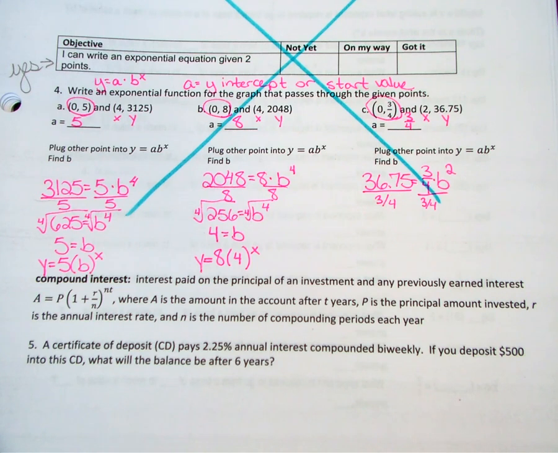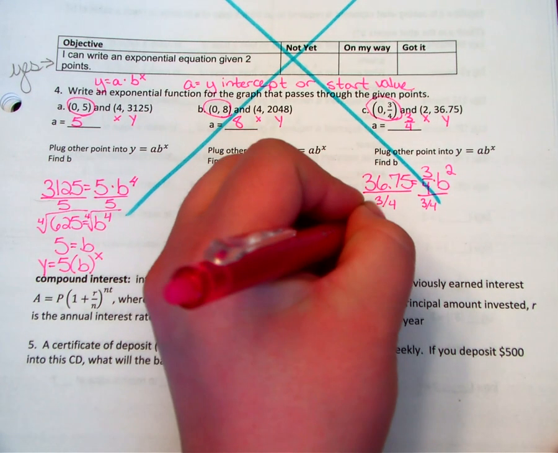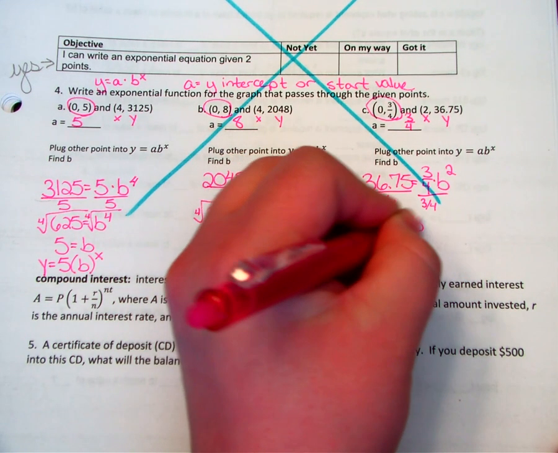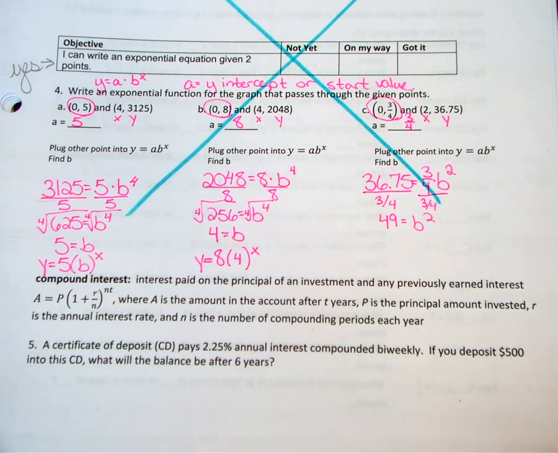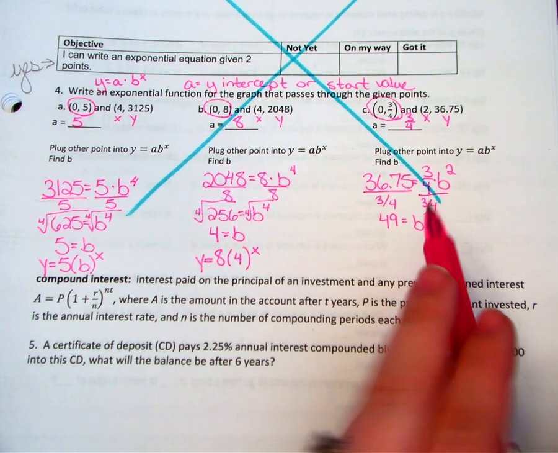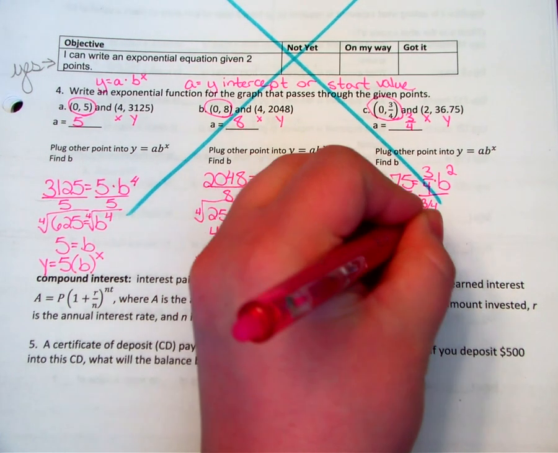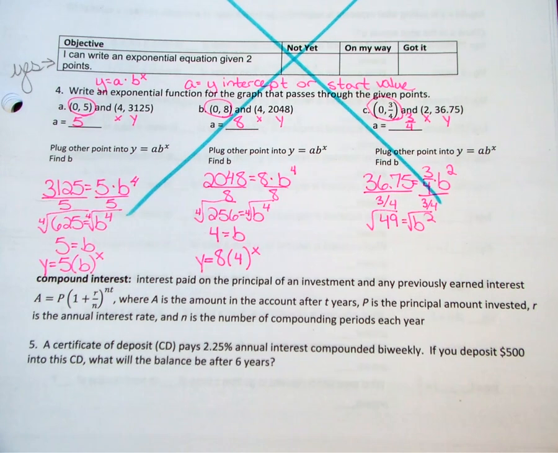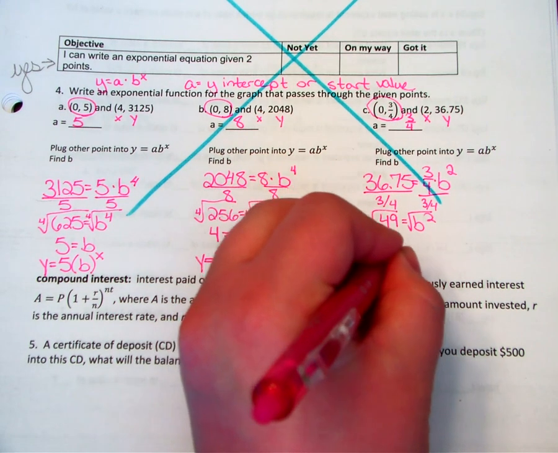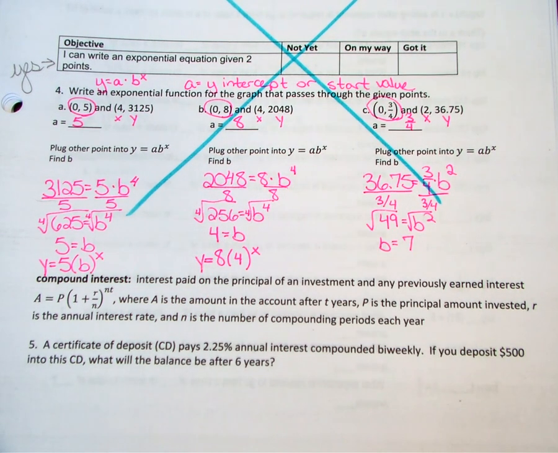But either way, we have 36.75 divided by 3/4 gives us 49. So in order to get rid of a square, we have to square root. So B is equal to 7. Now I know that typically when we have taken an even root, we had to put plus or minus.